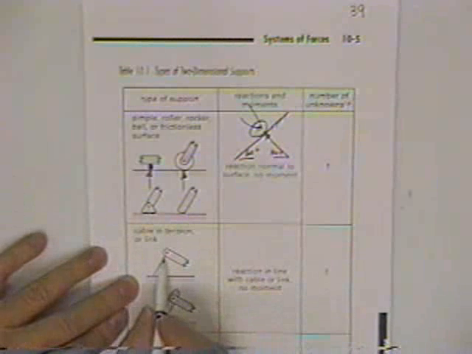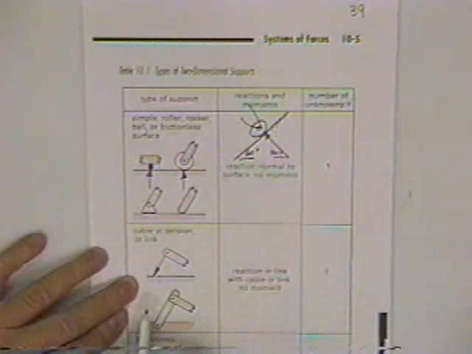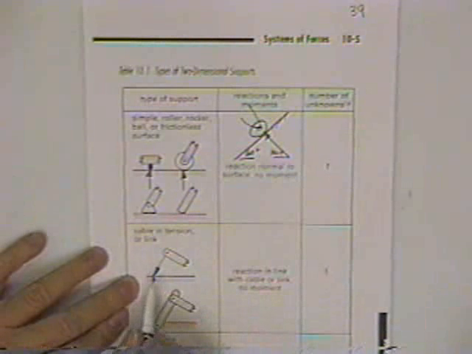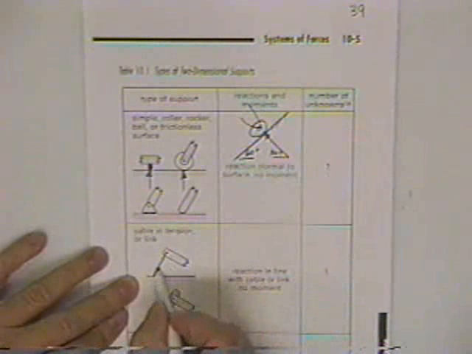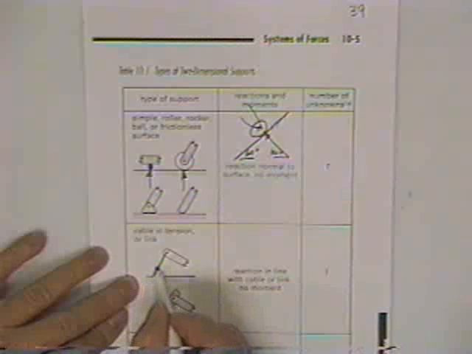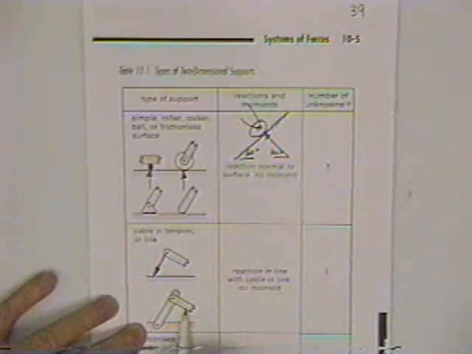A cable forces always run right down the axis, and if he says it's a cable, you can probably be pretty sure it is a member that is in tension, so you would show the reaction on the member as a pulling force. This would do the same thing. The only difference is this one would take tension or compression.